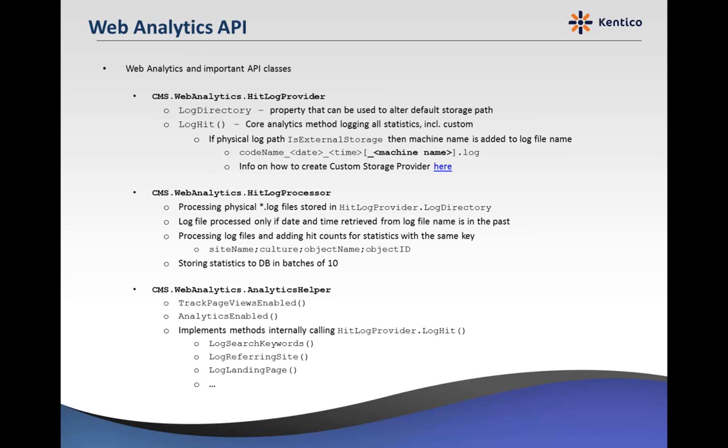So if I'm going through the log files and I have a bunch of files that all track the same statistic, I will go through all of them first, and then using the key and the format of the key, you can see in here site name, semicolon, culture, and so on, right? Using that key, I will see if there was already the same statistic processed before. If so, I will add the values in there, and then I will store it in a database.